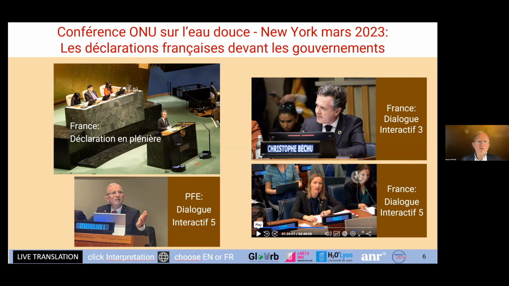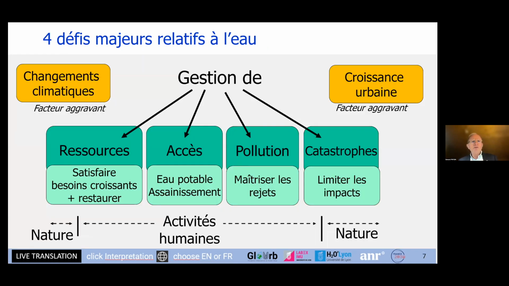But then there was the French Water Partnership with the vice president, who also spoke in front of all of the governments to plead for three political messages that were the same messages as the ministers. So we managed to make sure that all of the French representatives said the same thing. And that actually brought results.